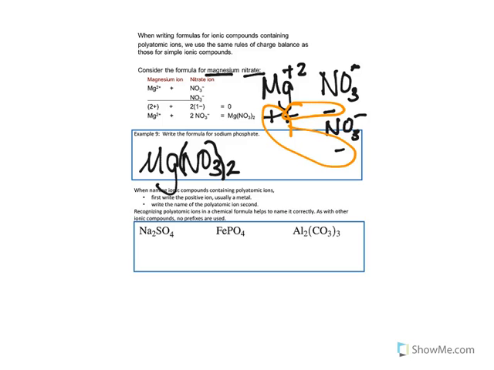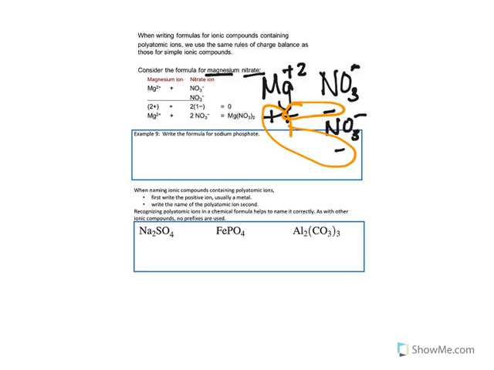That tells the person that there are 2 nitrates, not 32 oxygens. So again, when you're using a polyatomic ion, if you need more than one of them to balance your charges, you must write parentheses around the polyatomic ion and indicate the number of polyatomics by writing a subscript outside of those parentheses. So let's try another example.